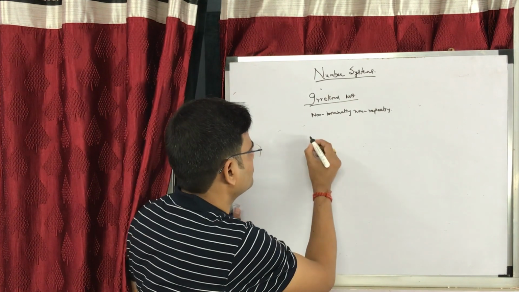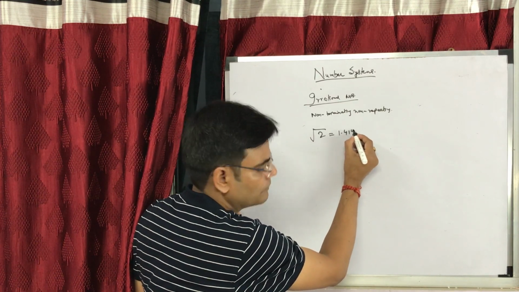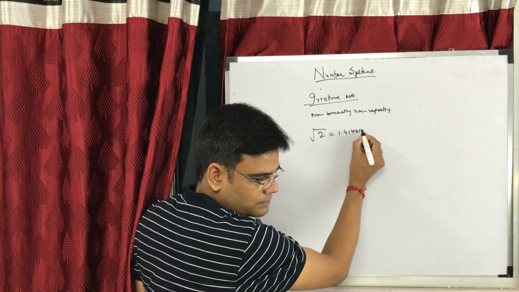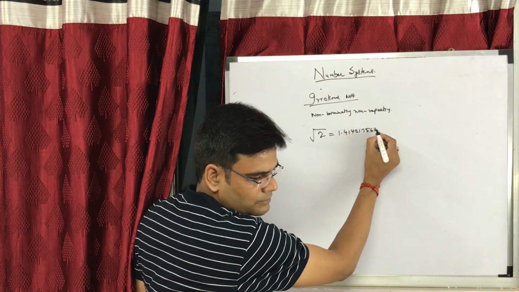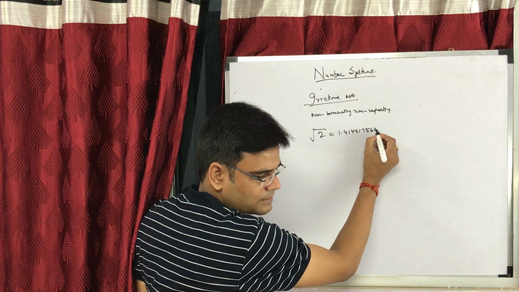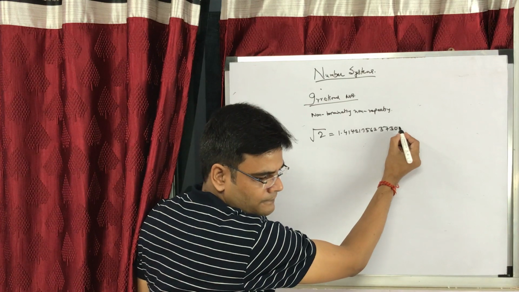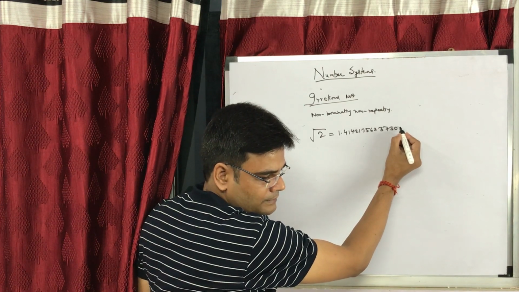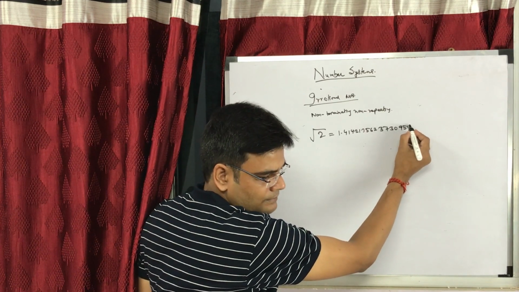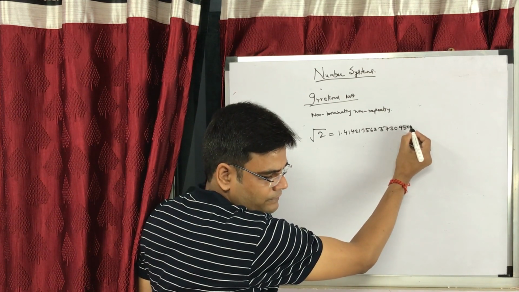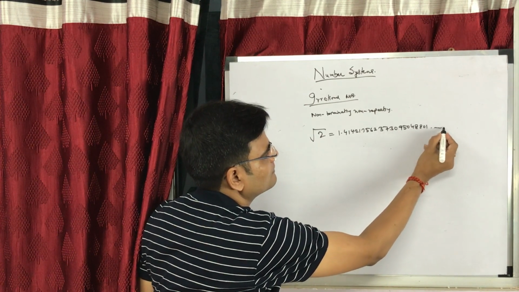Like I have the value of root 2 as 1.414562 48801 dot.